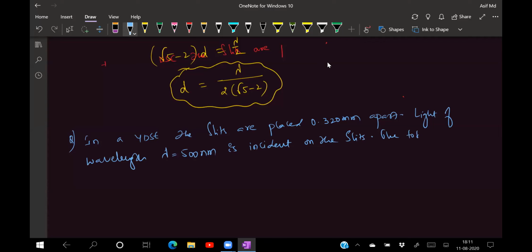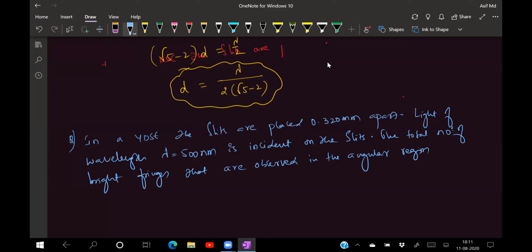The total number of bright fringes that are observed in the angular region −30 degrees ≤ θ ≤ 30 degrees is dash.